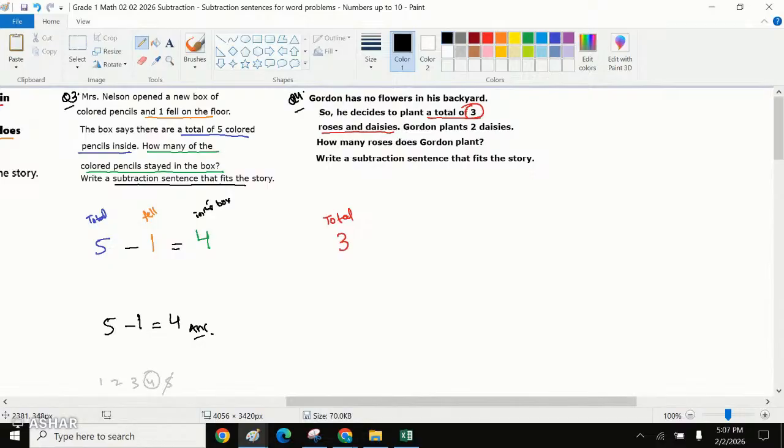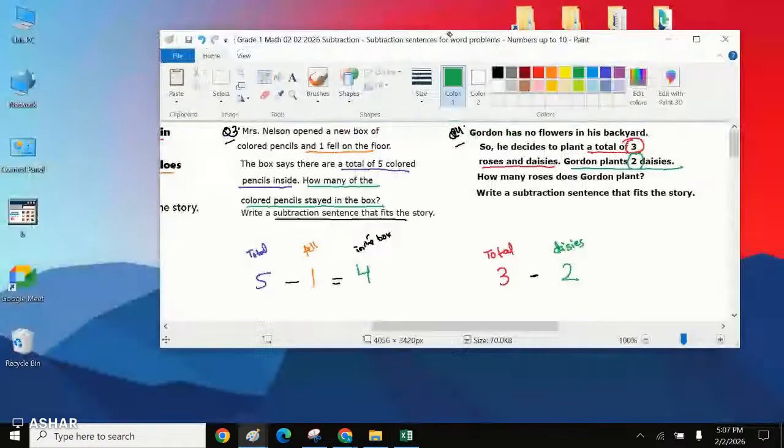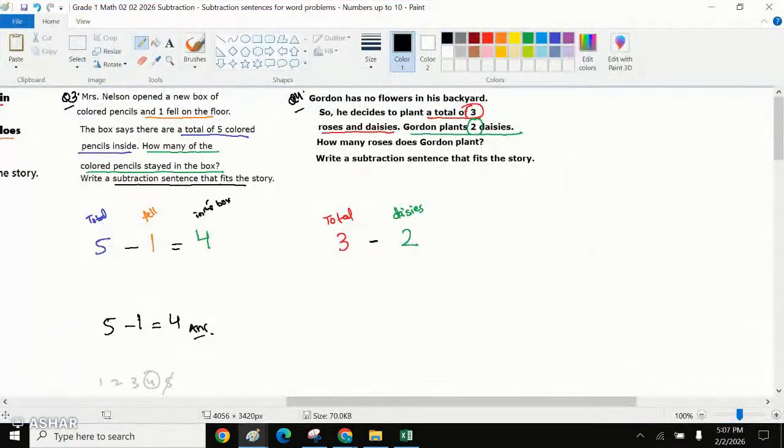Minus, let's see, Gordon plants 2 daisies. If he plants 2 daisies, how many roses would be there? They're asking us how many roses Gordon would have. So this would give us the number of roses.